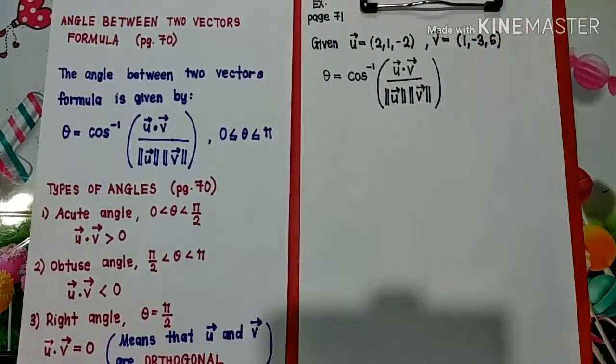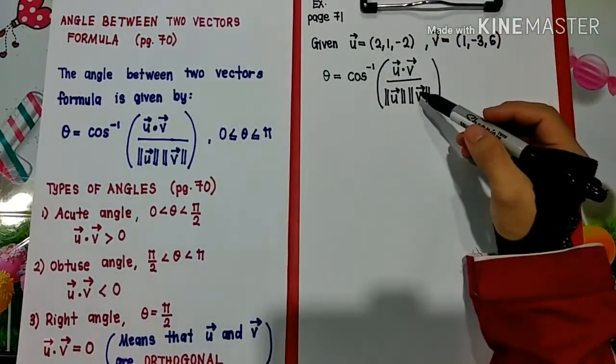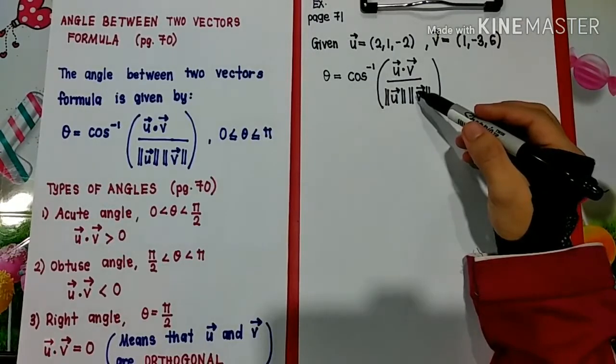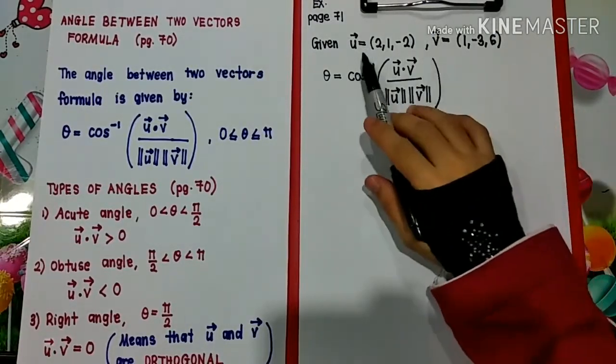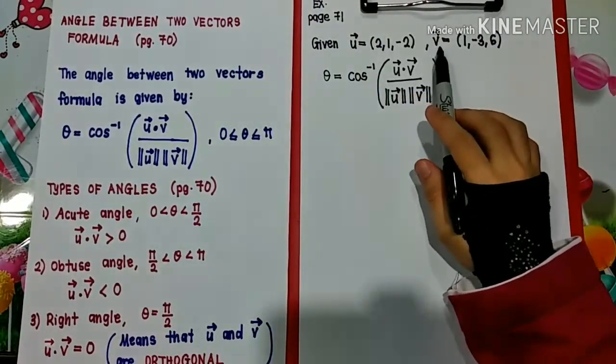This is the formula to find the angle between vector u and v.